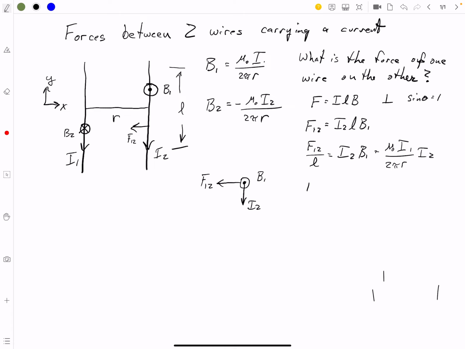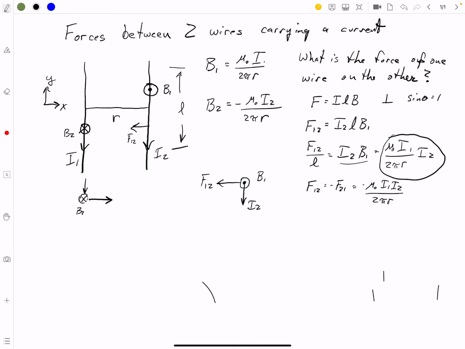Now, of course, F12 is equal to minus F21. Because here, look, all these things are going to be just flipped around. And we'll end up saying minus mu naught I1 I2 over 2 pi r. So for B2, we've got I going this direction.